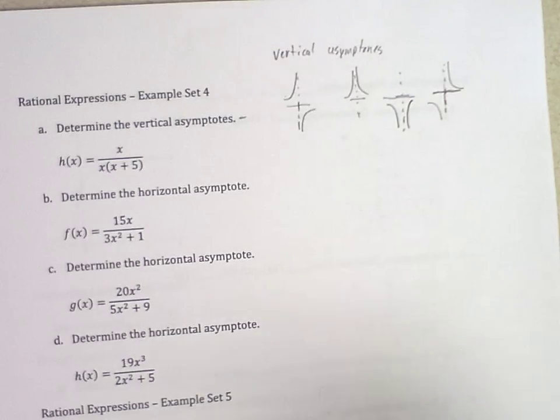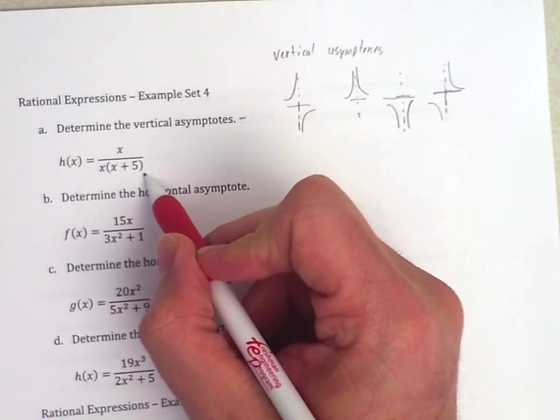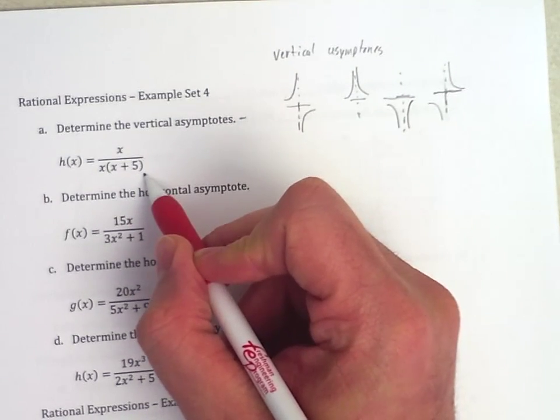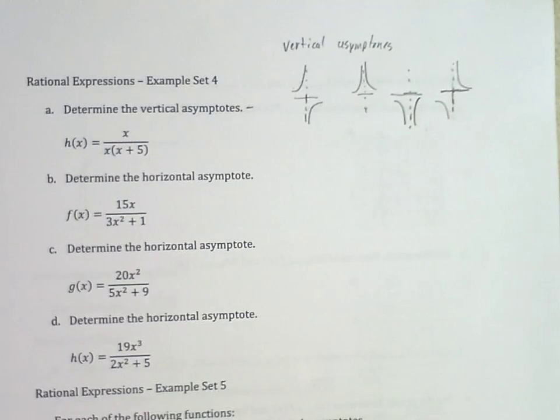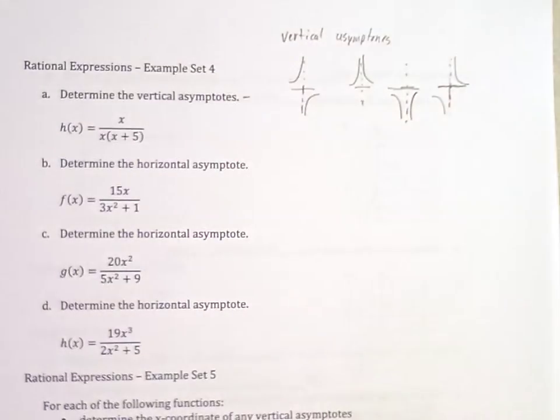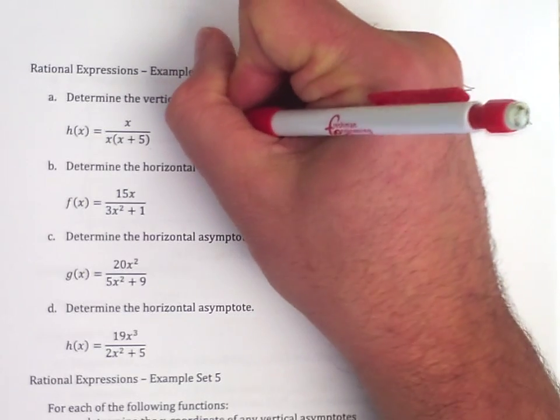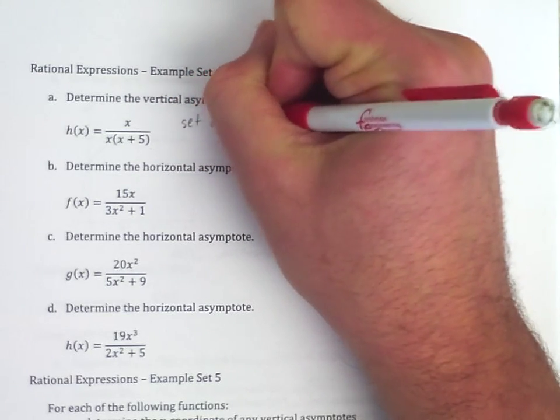Now where those things happen is generally where the denominator is going to equal 0, with a little bit of difference in there. So you can put these things in a graphing calculator and see exactly what it looks like. But generally where you want to look is set the denominator equal to 0.